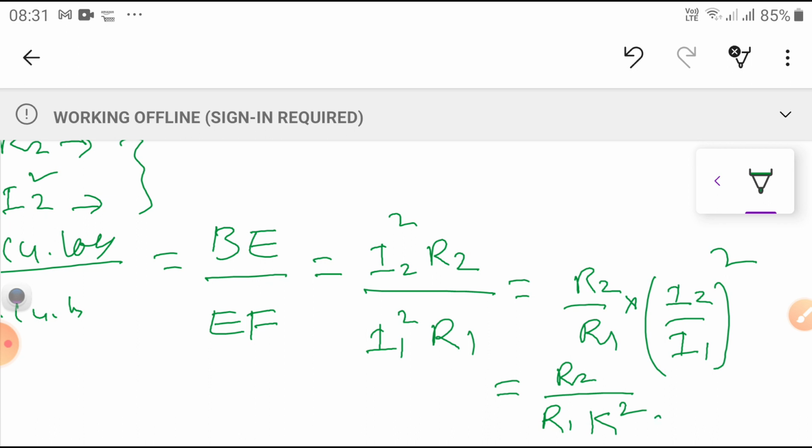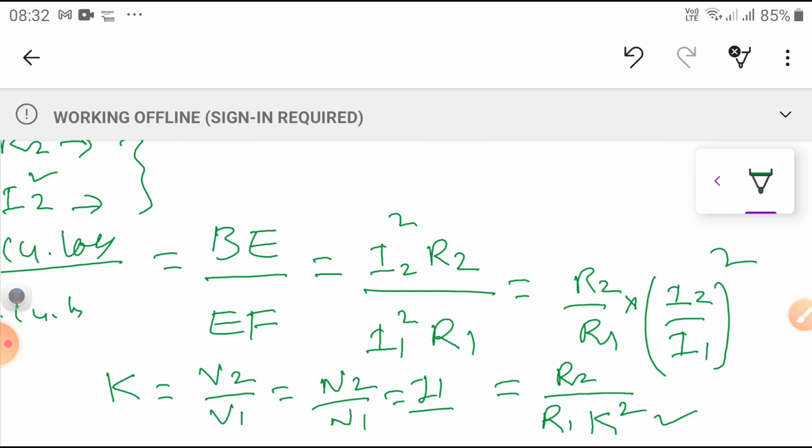You know the transformation ratio, because the transformation ratio is equal to V2 by V1, N2 by N1, and I1 by I2. We know all these things, E2 by E1 also. So from this you know the K, and R1 you calculated by the VI method. R2 you don't know, so you are going to calculate this value.